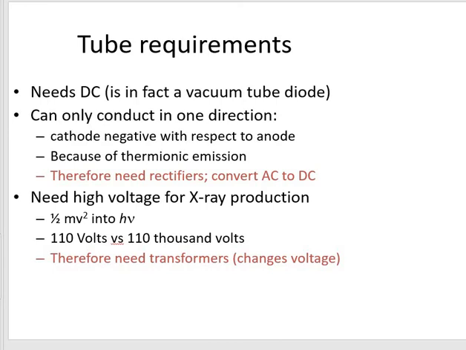And what else do we know? We know that the potential difference between cathode and anode ranges from 50 kV up to 150 kV. So to increase the voltage supply, we can use a transformer, in this case a step-up transformer.